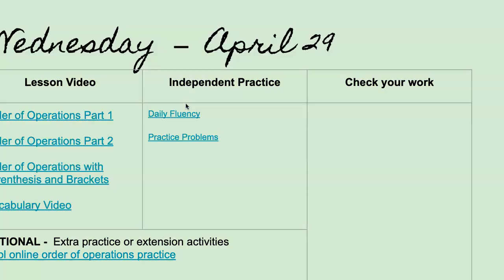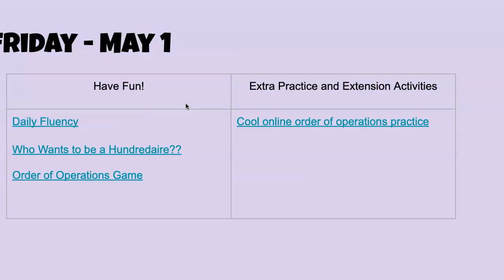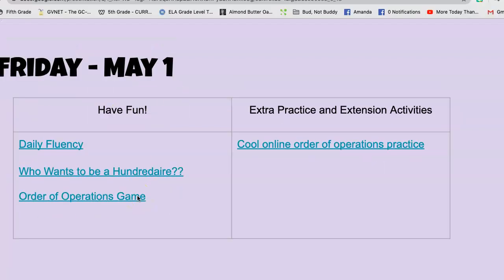In middle school, you're going to need it. You're going to need it forever in math until you graduate and you are in your career, and maybe you don't need math, but for now, you're going to need this to get through school. Order of operations, vocabulary, order of operations, and then Friday, you get to have some fun. There's a couple of games. So it's really not bad.